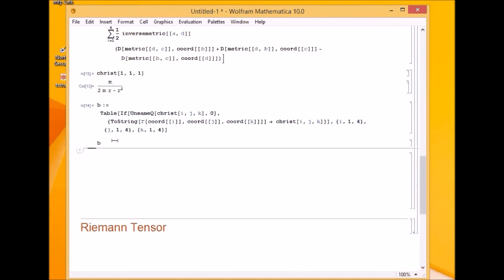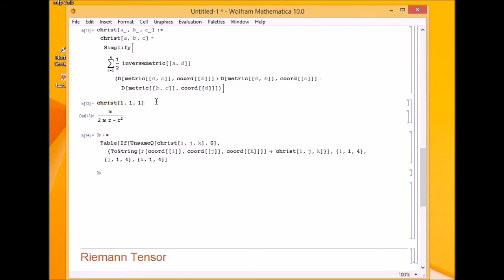Okay, good. So the issue is that in my connection, there are 64 quantities that we need to calculate, but it turns out that most of them are zeros, and I only want to display the ones that are non-zero, because those are the ones that are important to us. So what I've done is I've created a table.